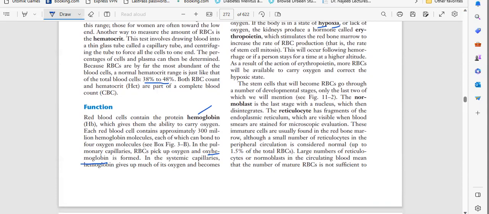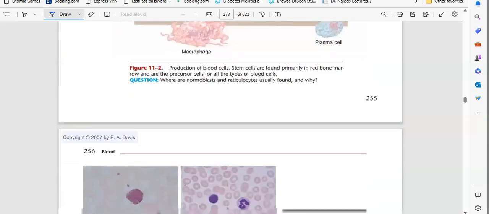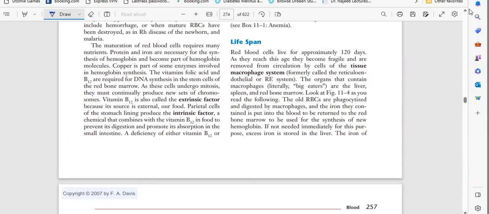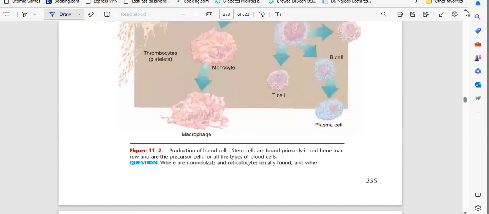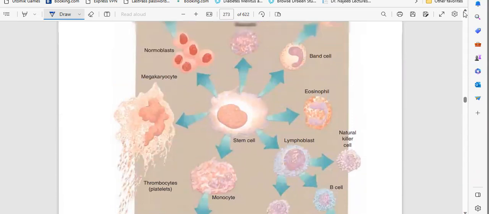So here we have the cycle of stem cells. I will explain to you. This is the cycle of red blood cells.